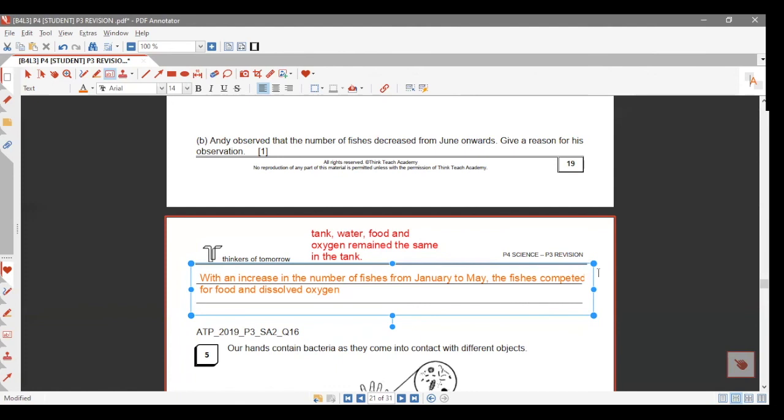Dissolved oxygen because the oxygen is in the water. Okay, there might be insufficient food and oxygen for the fishes, causing the fish to die and decrease in number.